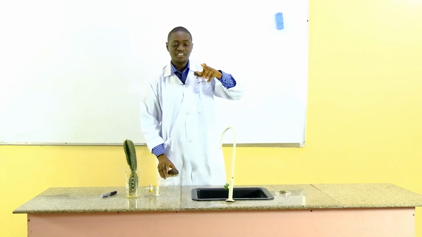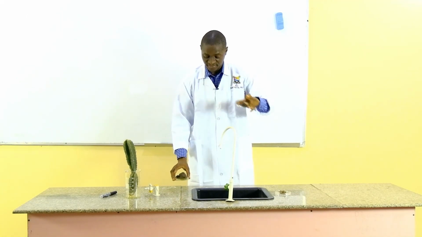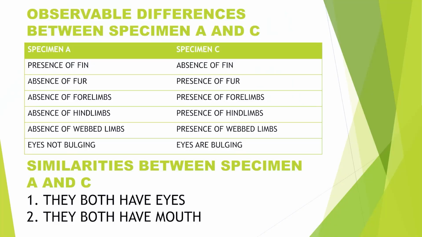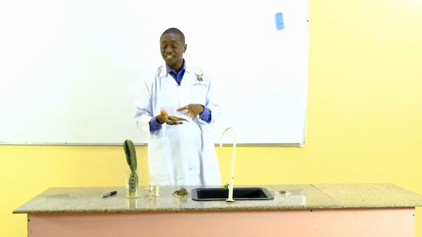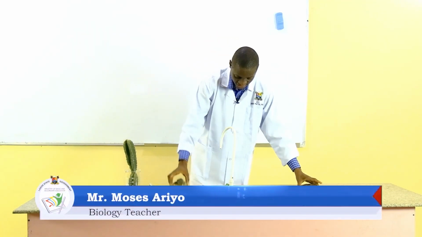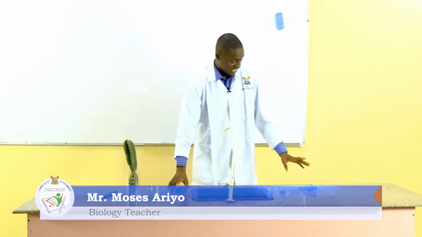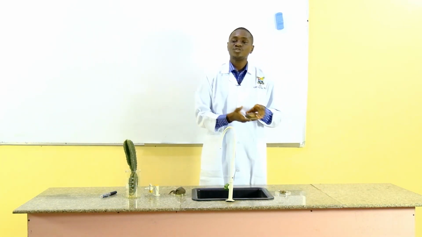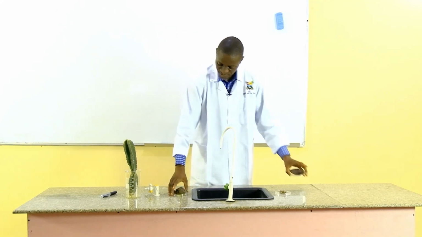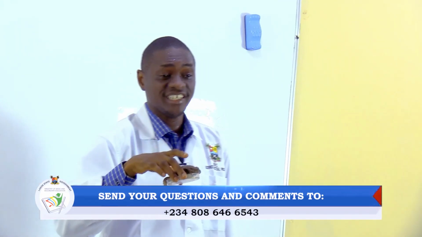Specimen A, there is presence of fin, and in the corresponding part for specimen C, there is absence of fin. 2. There is absence of forelimb, but in specimen C, there is presence of forelimb. Specimen A, there is absence of hindlimb, but in specimen C, there is presence of hindlimb.